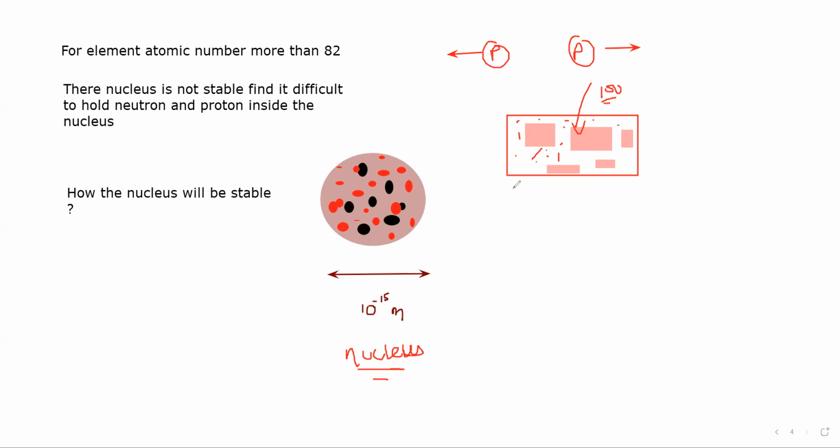It creates chaos, it will not be stable or hold these people inside. The same thing happens, the nucleus finds it difficult to hold these particles inside. So then what does it start to do? It starts to emit out the particle.